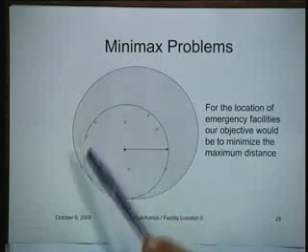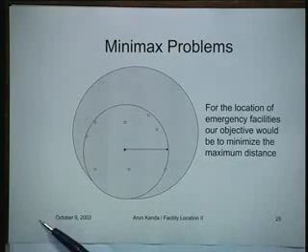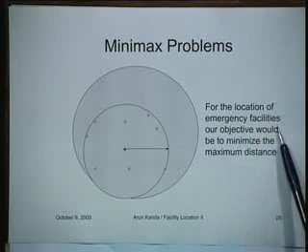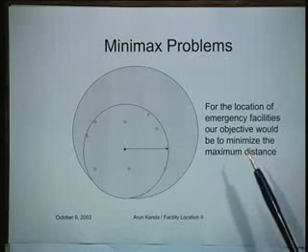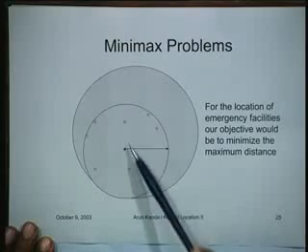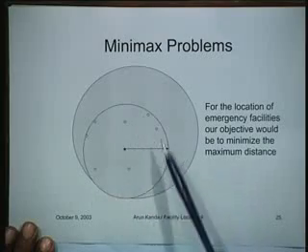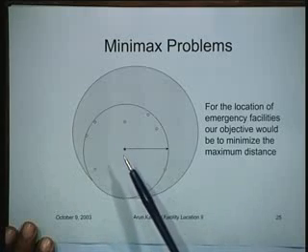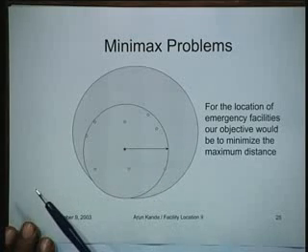So in all emergency location, minimax problems are quite common. For the location of emergency facilities, our objective would be to minimize the maximum distance. Just to give you a motivation without going into details, for instance, if these were the points and you want to locate a facility, what would be a minimax location?